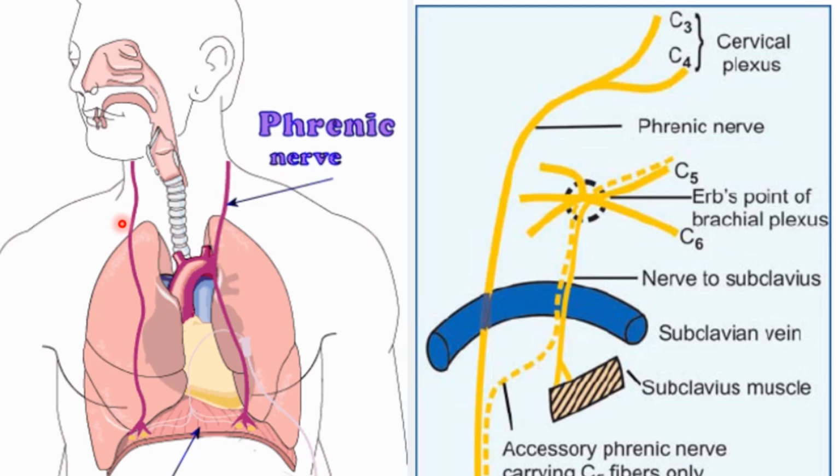To obtain complete paralysis under these circumstances, the nerve to subclavius muscle will also be sectioned. Now here is the phrenic nerve coming down from the cervical plexus, and then here we see contribution from the nerve running to subclavius, giving rise to the accessory phrenic nerve carrying the C5 fibers.